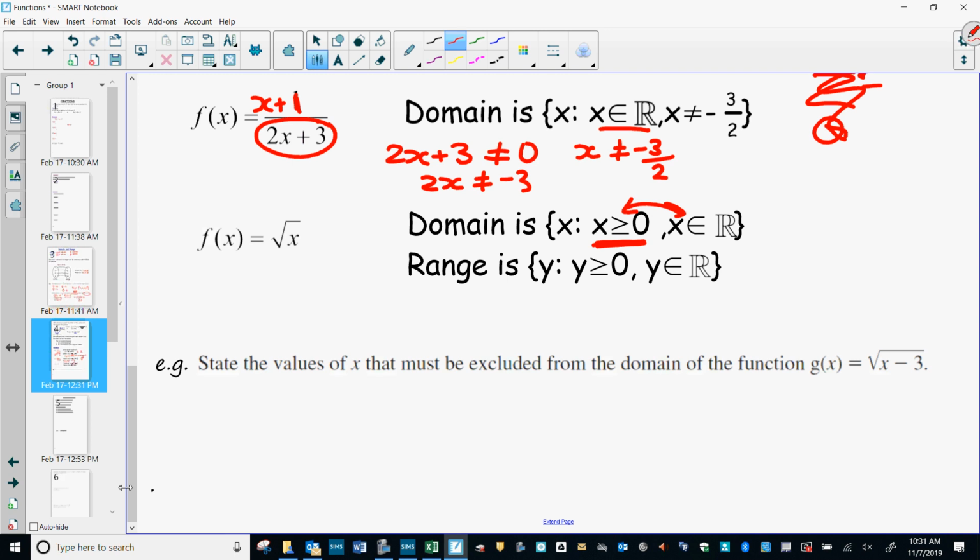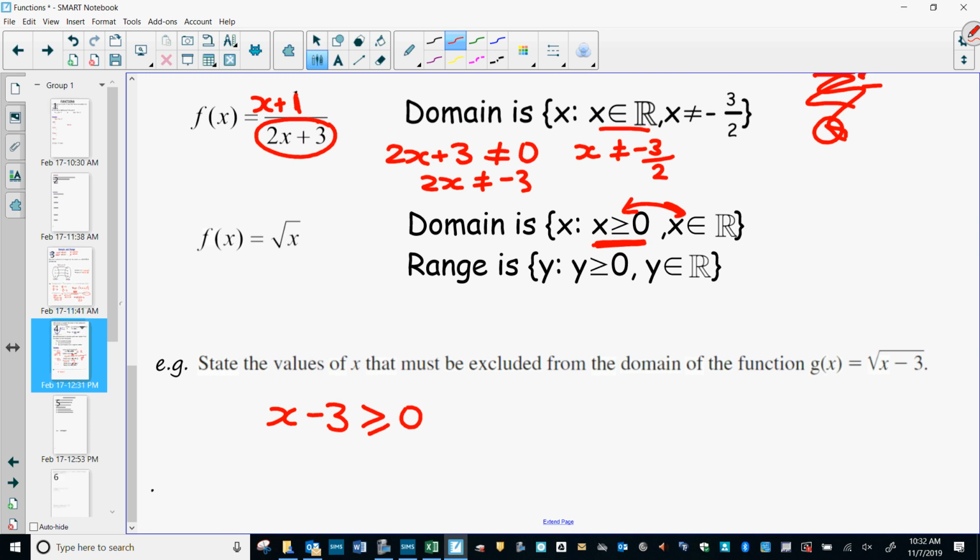So here, it says state the values of x that must be excluded from the domain. So I can see a square root sign. So what did I say about when I see a square root? What's the important thing about it? It can't be negative. Okay, so to find the values that must be excluded, I'm going to say that x minus 3 has to be greater than or equal to 0.